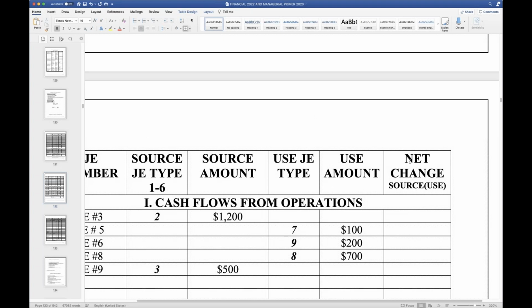If you have a 7 through an 11, it's going to be on the use side. Does that help?